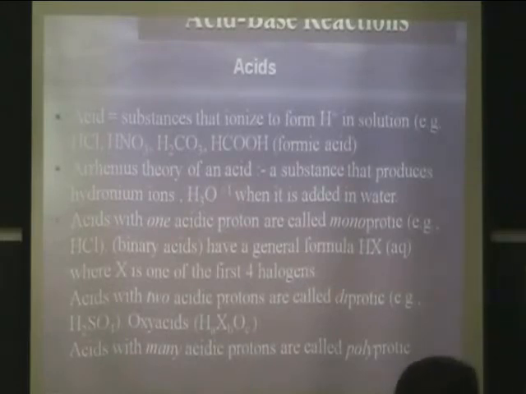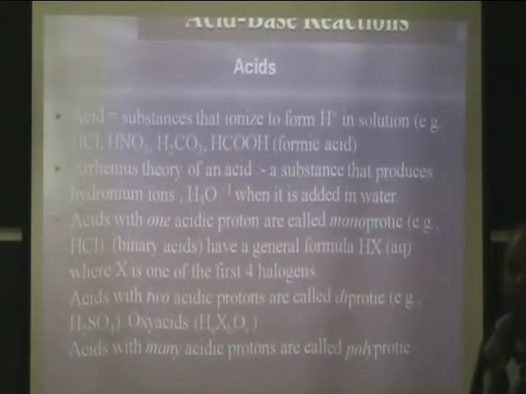Before we try to identify which compounds are strong electrolytes and which are weak electrolytes, I think we need to define what an acid is, and eventually we're going to define what a base is also. It's not a new concept to you because we discussed acids. What's an acid?